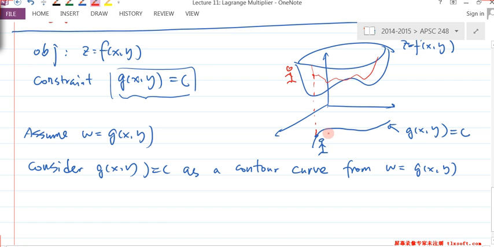Directional derivative is not a direction yet. I'm saying it's walking along the curve here. What information from the curve can I use to represent the direction?